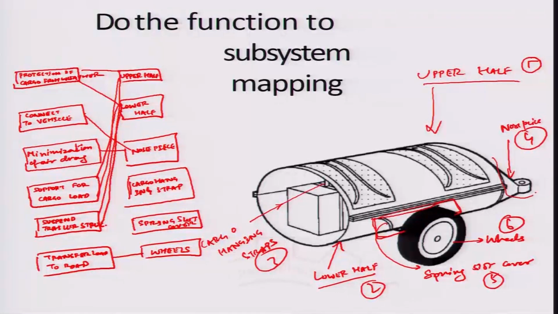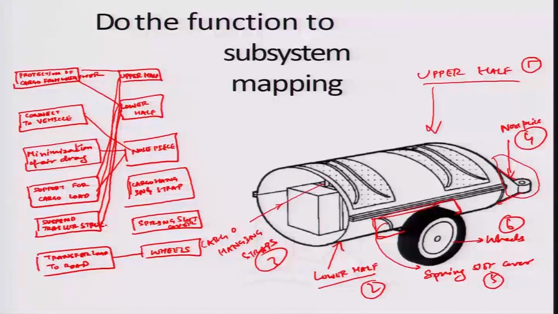The nose piece is this one piece which contains both the hitch as well as the fairing combined into one module. And then of course, the nose piece also in a way supports the cargo load, because if I looked at how this nose piece is biased, it gives structural stability to the upper lower assembly. So, in a way it is also responsible for supporting a part of the cargo load by giving it a stiffer orientation.